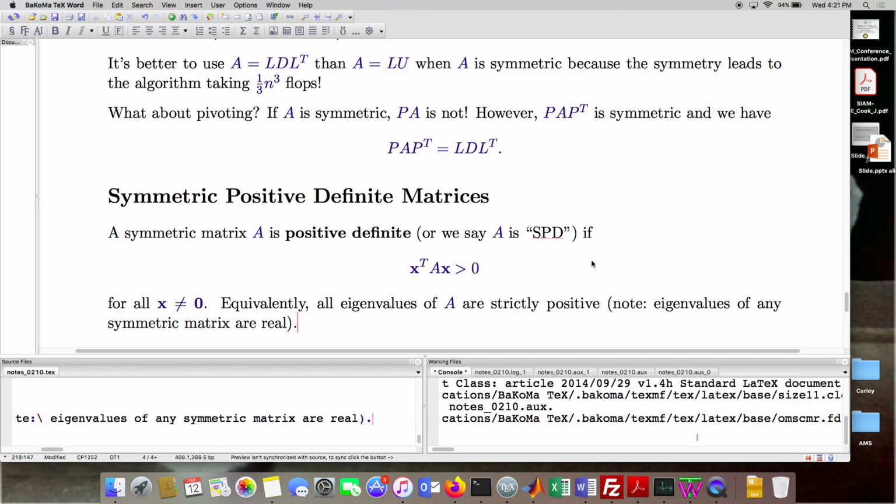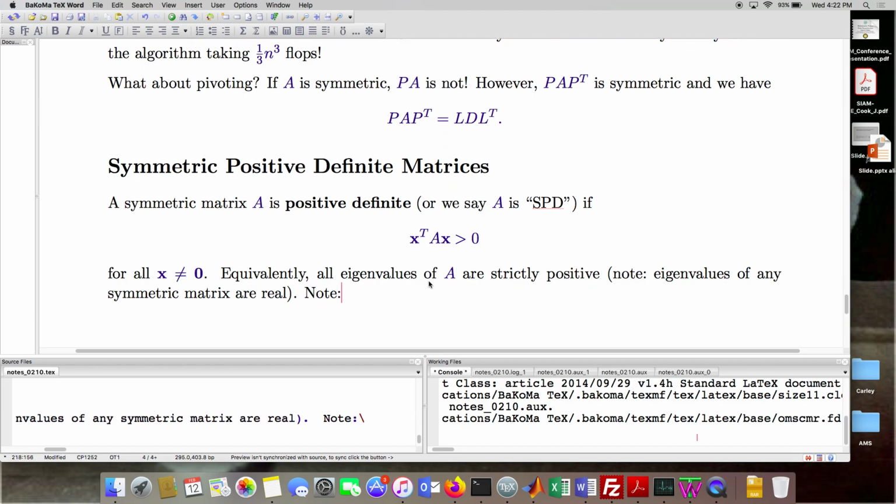Eigenvalues of a matrix of real entries generally can be real or complex, just as a polynomial with real coefficients can have real or complex roots. But when a matrix is symmetric, eigenvalues are real. If it's positive definite on top of that, they must be positive.